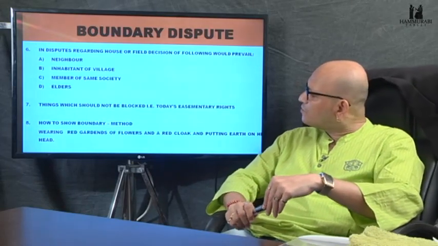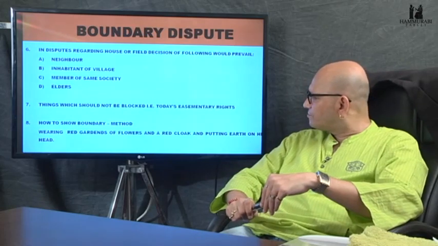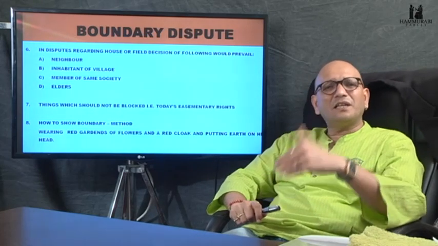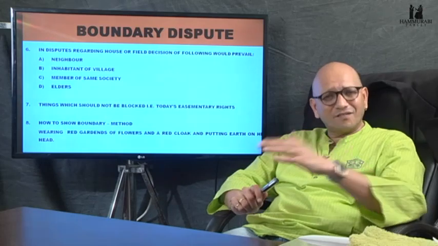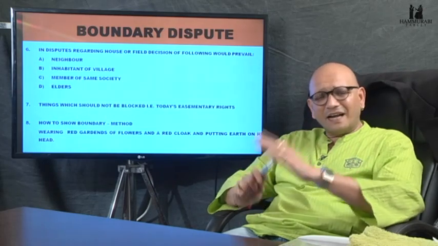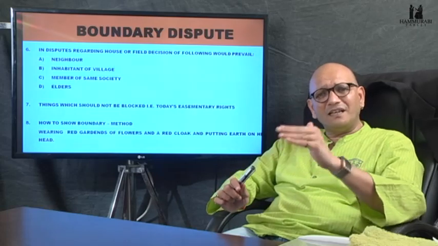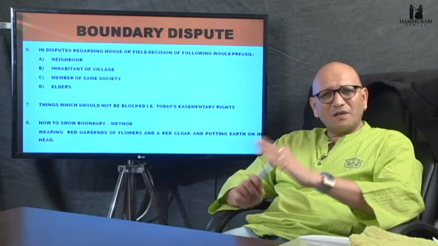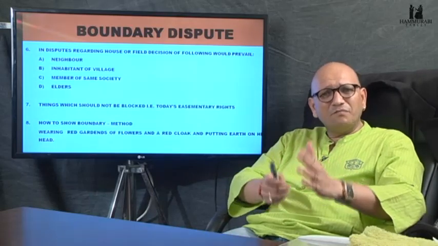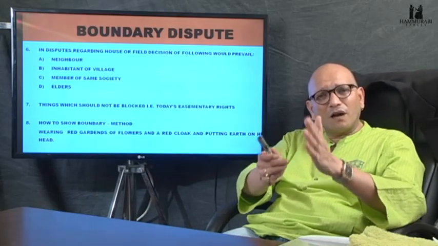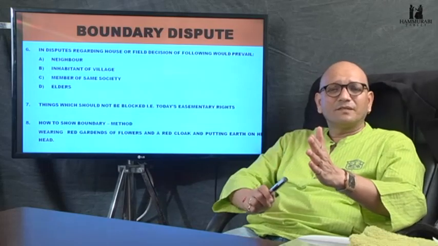Then we have things which should not be blocked. This is nothing but what we call today easementary rights. Identical to our present day easementary rights, there were certain roads and certain places which were not allowed to be blocked.